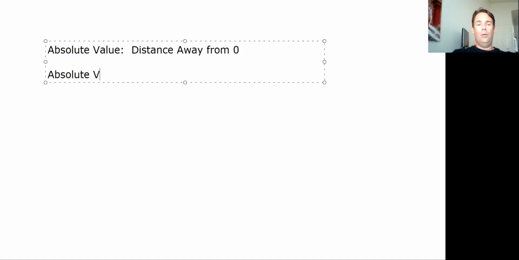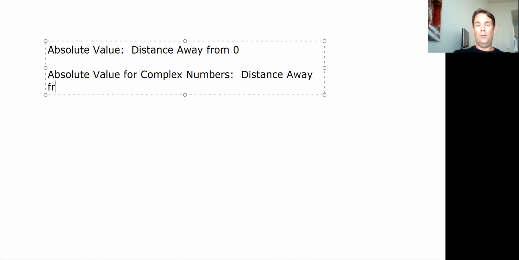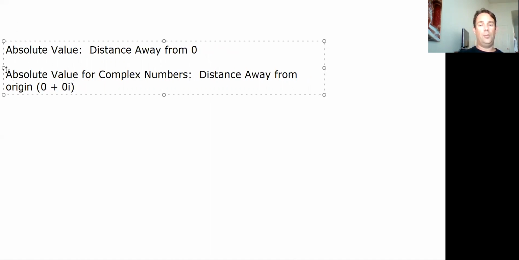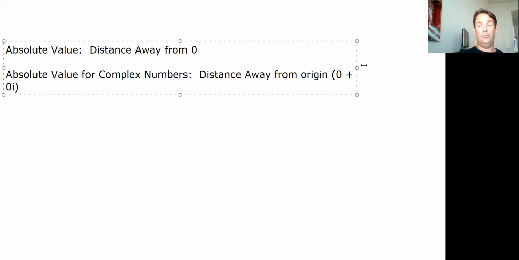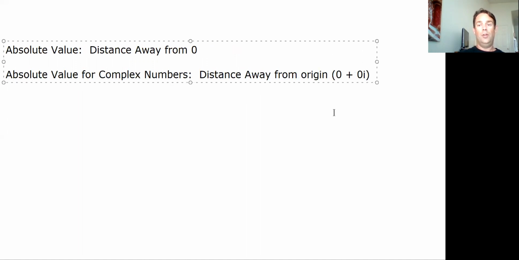Absolute value for complex numbers, that's the distance away from the origin, or in our case, the distance away from 0 plus 0i. And 0 plus 0i, well, that is essentially 0.